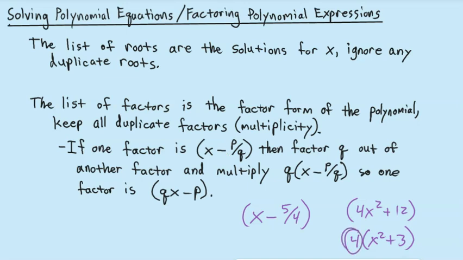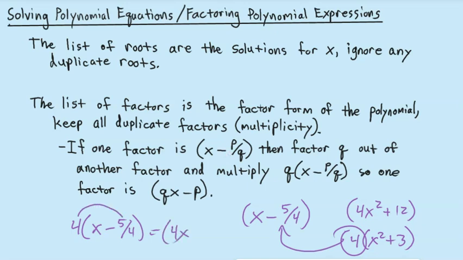Then you're going to take that 4 and remove it, leave the x squared plus 3, and multiply the 4 by this fractional factor. It's going to look like this: 4 times x minus 5 over 4. When you do that, 4 times x is 4x, and 4 times negative 5 over 4 is just minus 5. And so then one of your factors is actually going to be 4x minus 5, and this other factor, after the 4 is gone, will just be x squared plus 3.